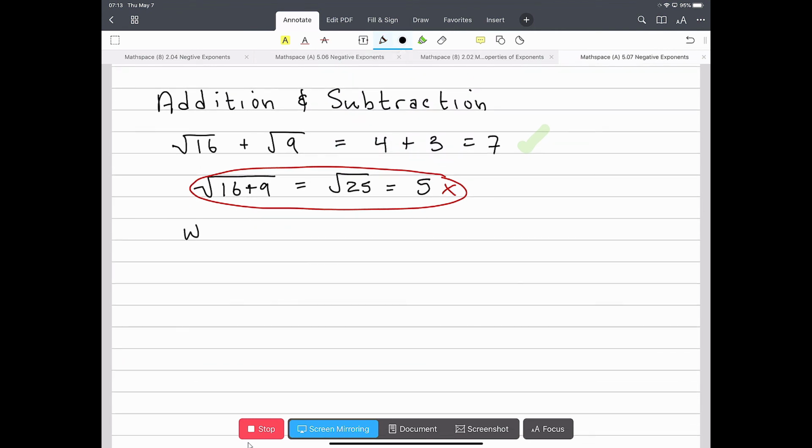I'm just going to put here, we can only add or subtract radicands if they are the same.